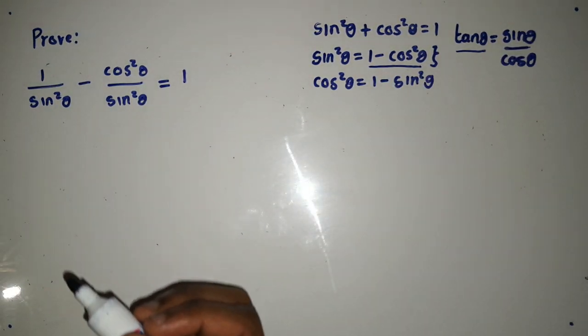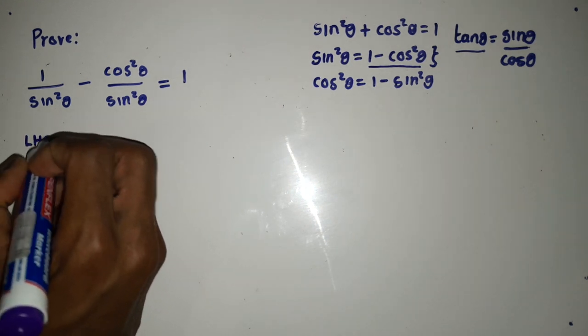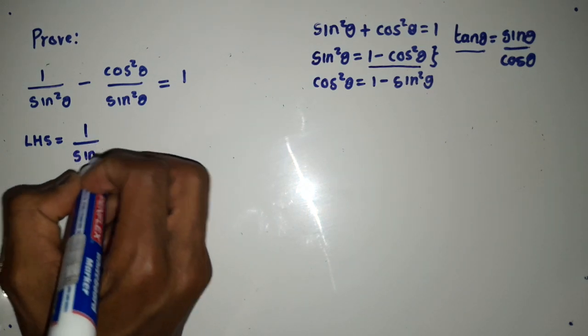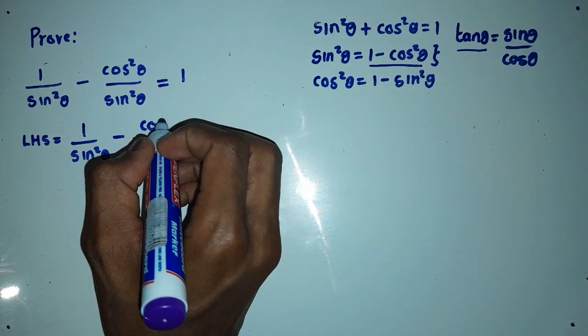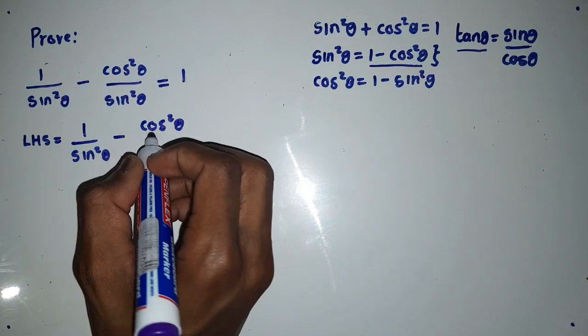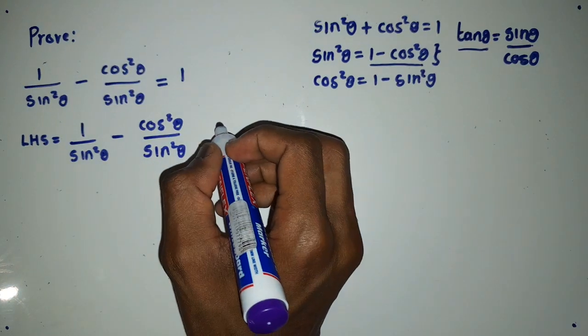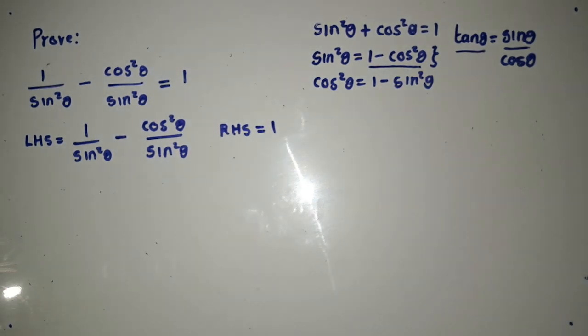Then what are we going to do is, let us separate them like this. We have 1 all over sine squared theta minus cos squared theta divided by sine squared theta, and on our right hand side we just have 1, like this.